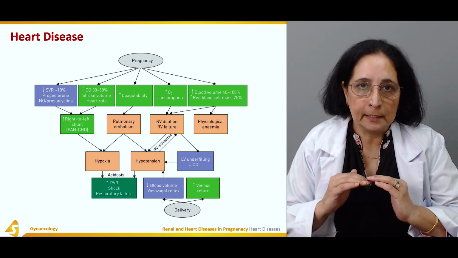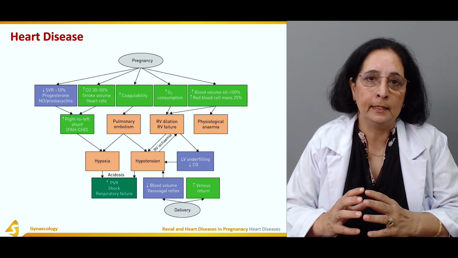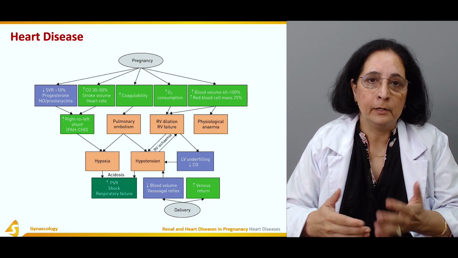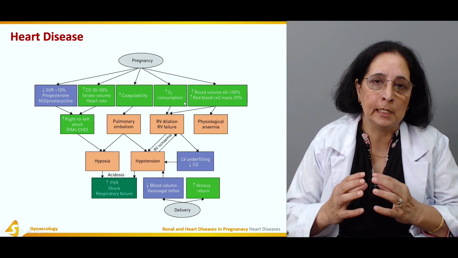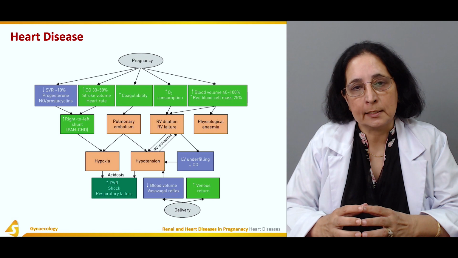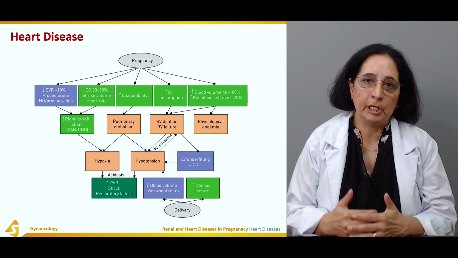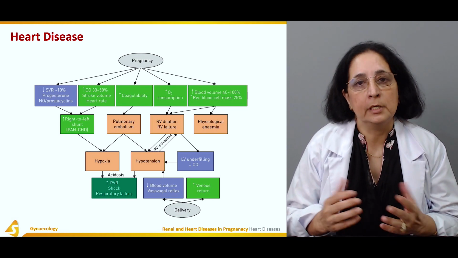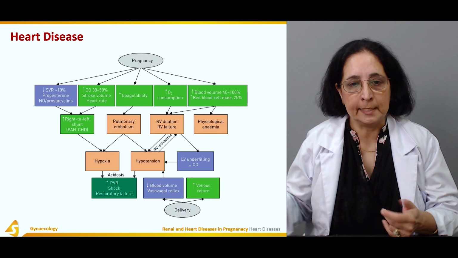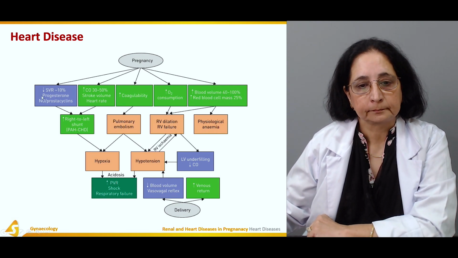All these are the normal physiological changes that occur in the cardiovascular system, which is the system that includes the heart and the blood vessels. As a result of these normal physiological changes during pregnancy, there are different impacts on different functions. Let's see what occurs as a result of these changes.